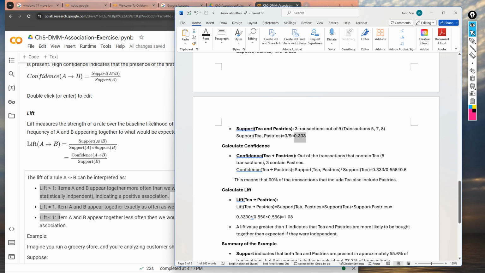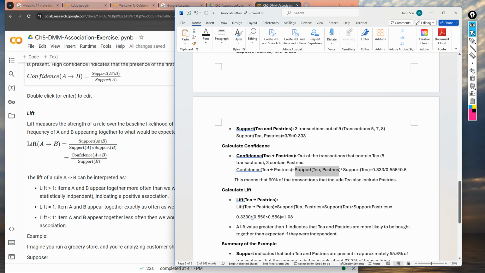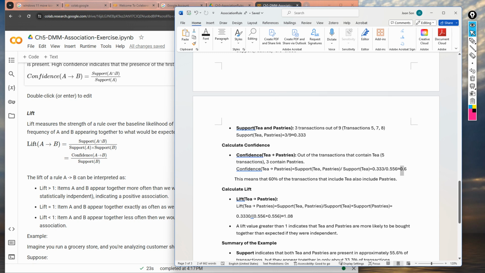The confidence is the support of tea and pastries divided by the support of tea, and you get 0.6. So that's the confidence value.